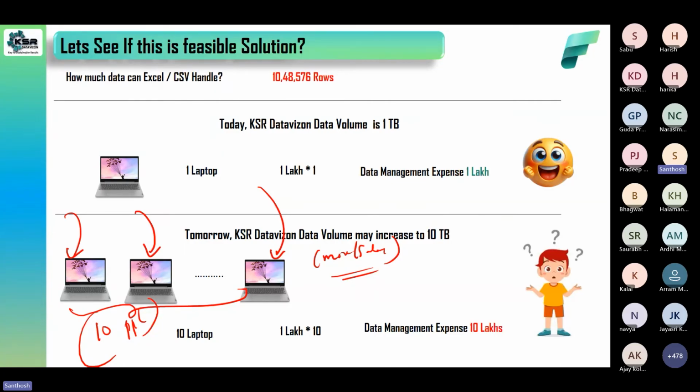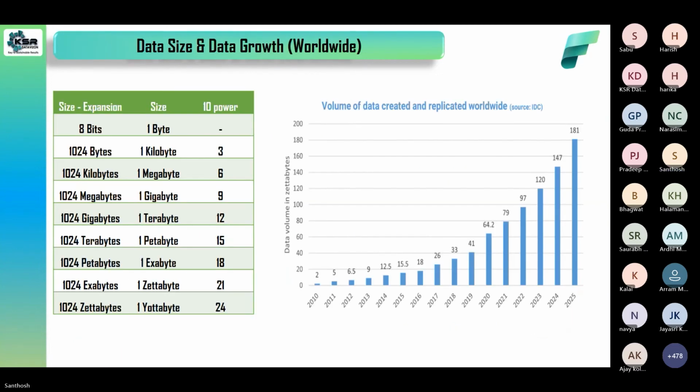Where can I store it? Now here comes the overall worldwide data. First of all, I'm shouting for KSR's 10 terabyte of data. Imagine the world is generating not terabyte, but petabyte, exabyte, zettabyte, yottabyte. It has gone till yottabyte. What is this yottabyte? It is 10 power 24.